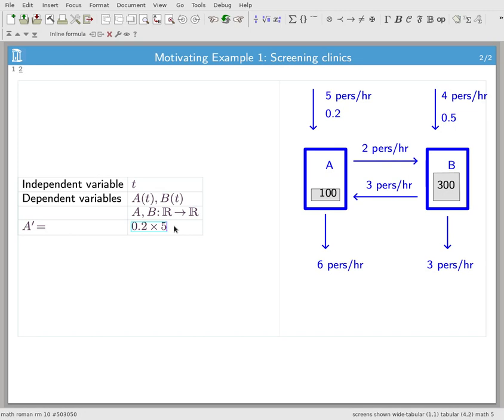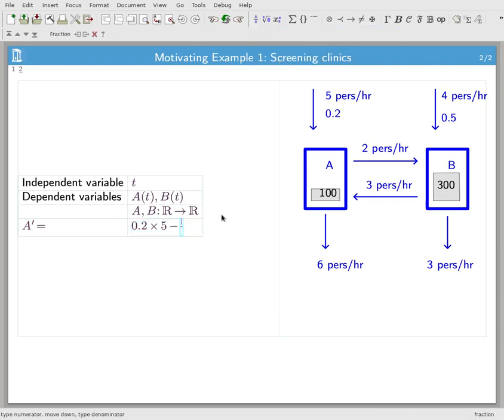Note that we have 8 persons going out of clinic A per hour, so the rate of change in this particular case is going to be the following. We're going to have 8 over 100 times A.